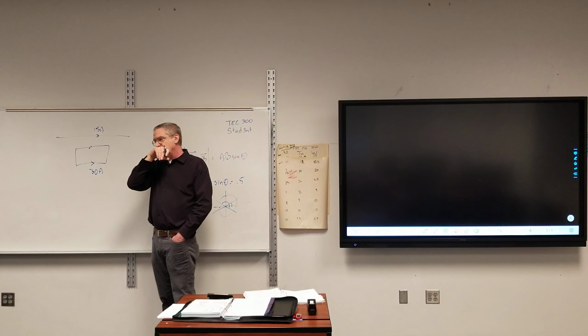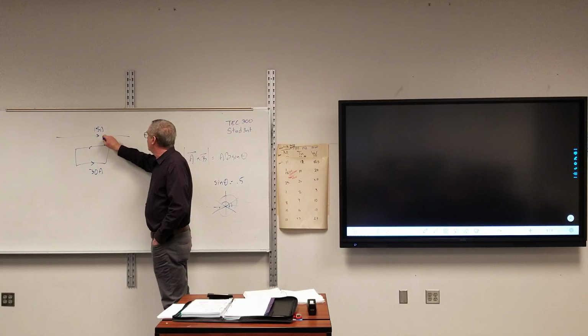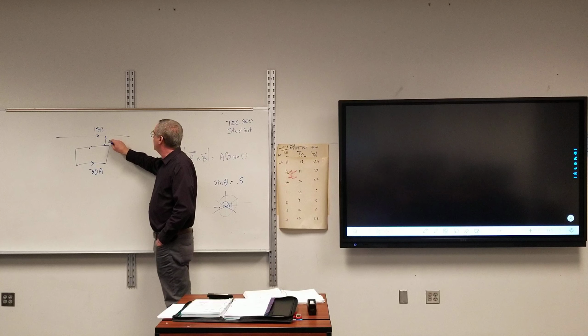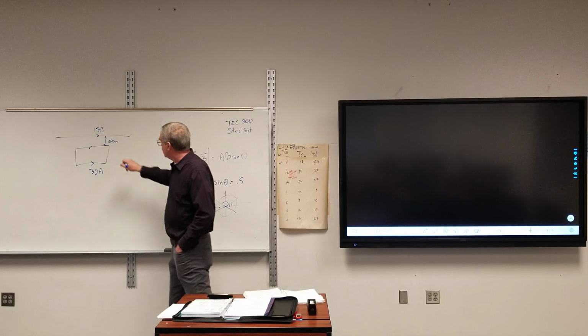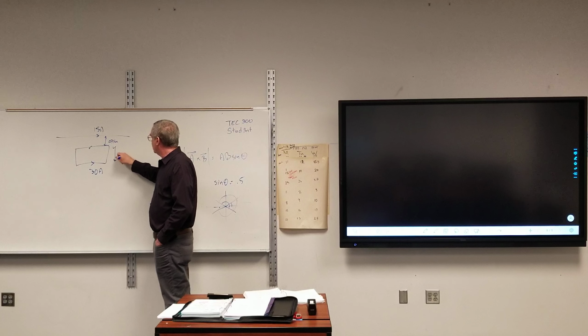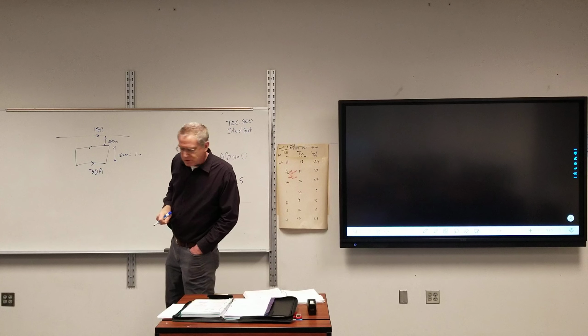Just the distances, like the 0.075 meters. Where are those? That's the 7.5 centimeters. This is 10 centimeters, 0.1 meters. And the other one is 30 centimeters.